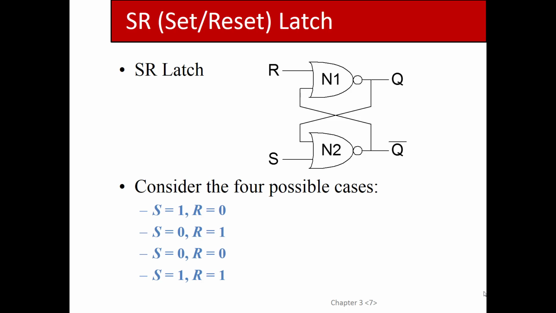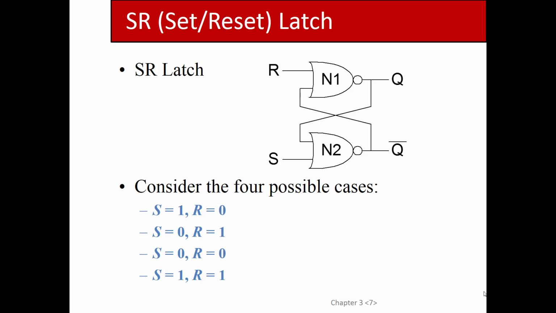So that 0 comes back around to this NOR gate. Sorry, I had that right. If R is a 1, I'll definitely be getting a 0 out. Then you cross-couple that around, and you get a 0 coming in.